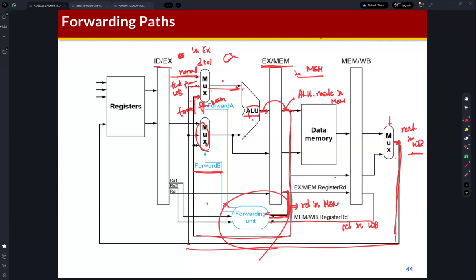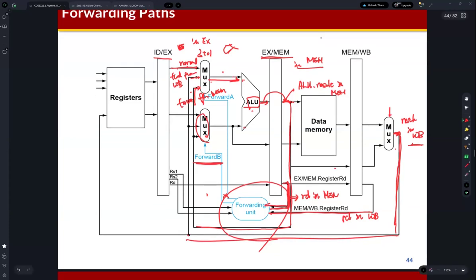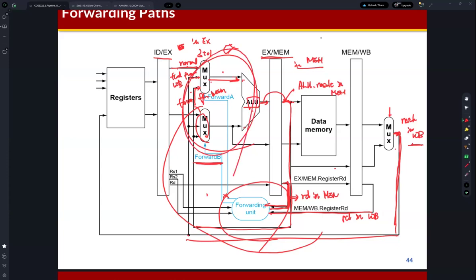In the EX stage, we compare the source registers of the current instruction and the destination registers of previous instructions, and then the data is forwarded into the input of the ALU. That's why the forwarding unit is here.